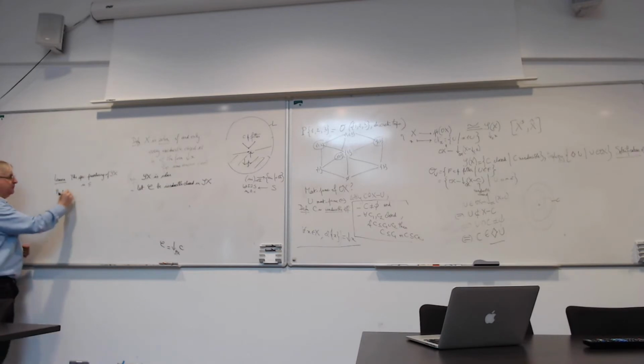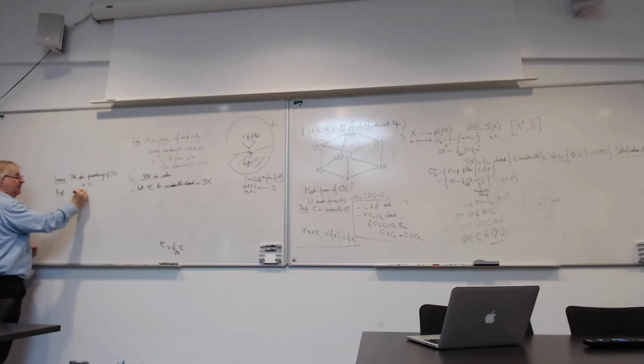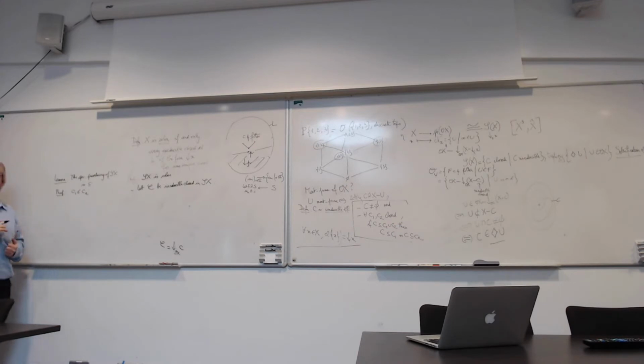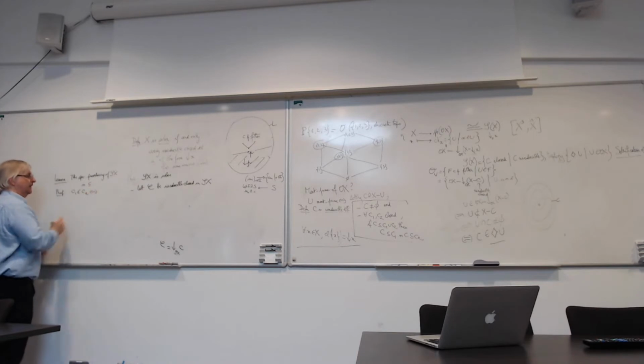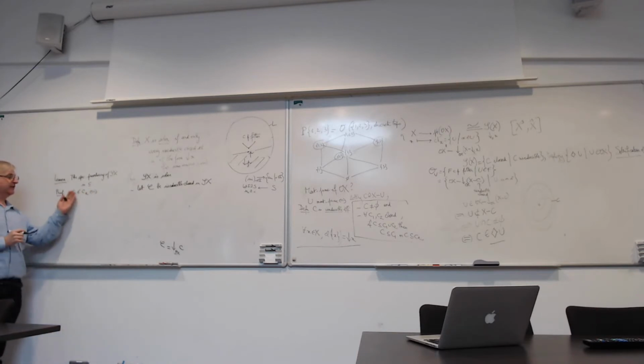Well, take two elements C1 and C2 of S of X. C1 is below C2 in that specialization preordering, by definition, if and only if every open set that contains this contains that. But we know the shape of open sets.